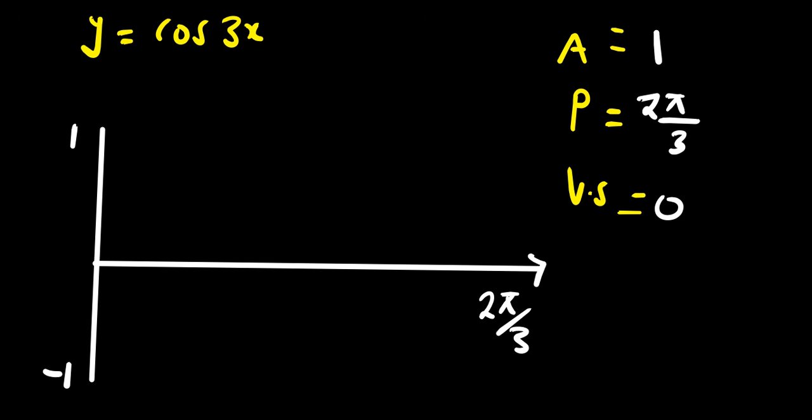Now we have to find the half of 2 pi over 3. If I multiply this by half, I'm just going to have 2 pi over 6. Okay, so that's what I'm going to put in the middle here. So this will be pi over 6.